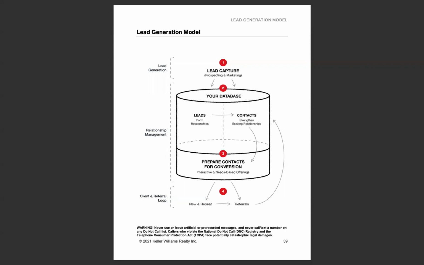There is a two-year window. The year before the birth of a child or the year after the birth of a child, 33% of couples move during that two-year window. So if I just call my database and say, hey, this is Sam Jackson with Keller Williams, do you know a pregnant person? I'd have a pretty good chance of getting a listing that day.